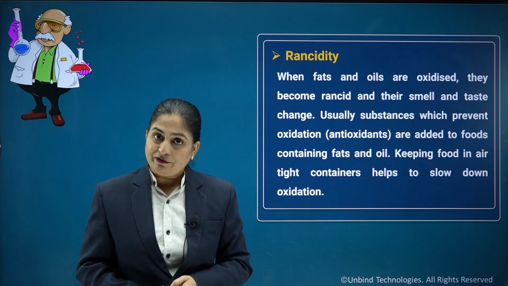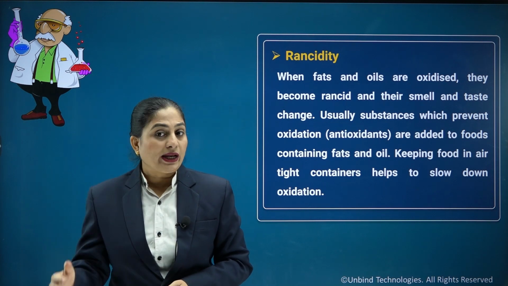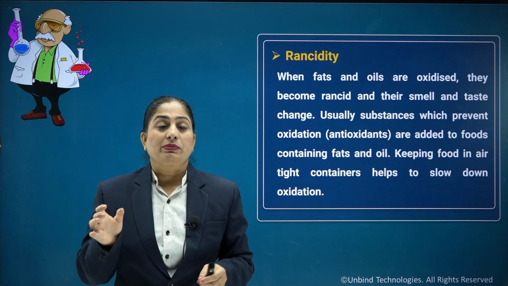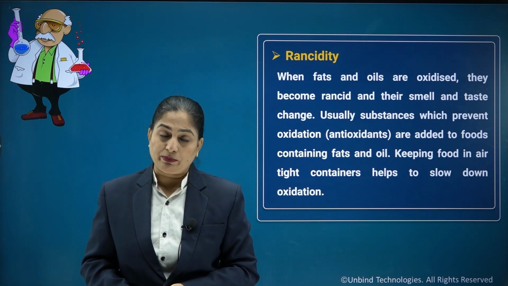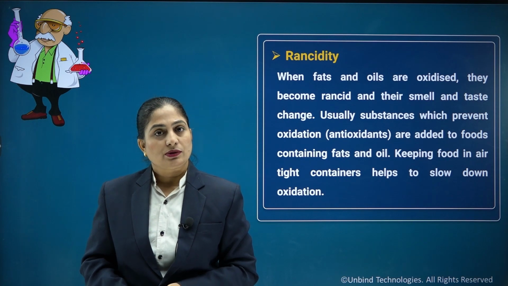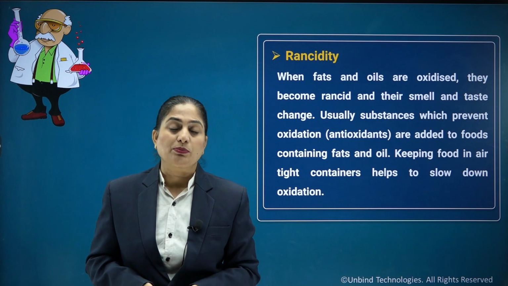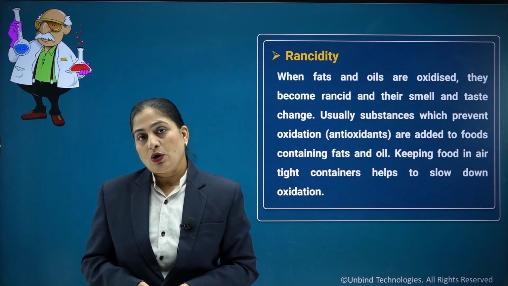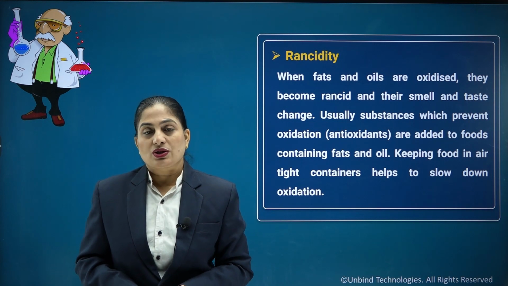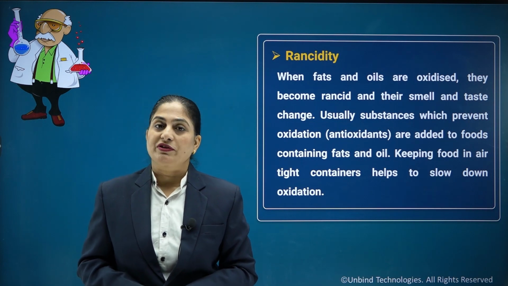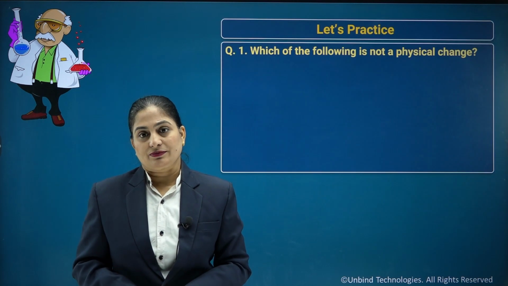We can also protect them from rancidity by keeping them in an airtight container or in a refrigerator, or even by passing nitrogen gas, like in the packets of chips we purchase from the market. So we can keep our food in an airtight container to slow down the process of oxidation, or we can say slow down the process of rancidity also. So these are certain preventive measures by which we can protect our food from becoming rancid.